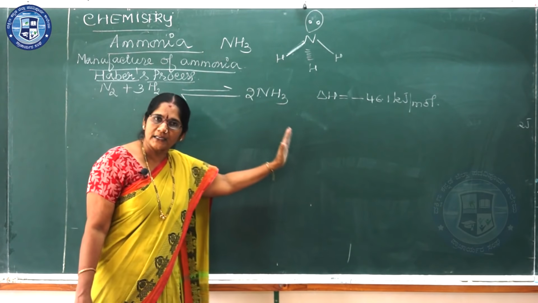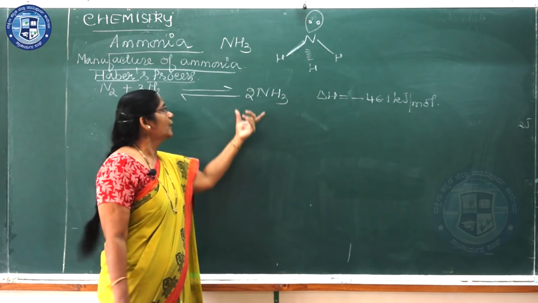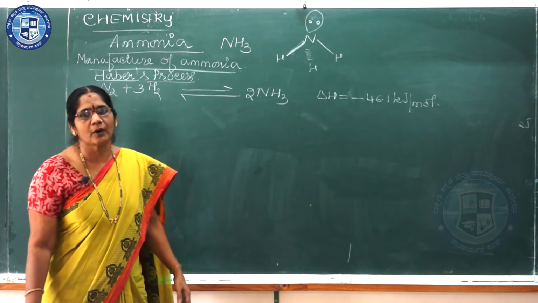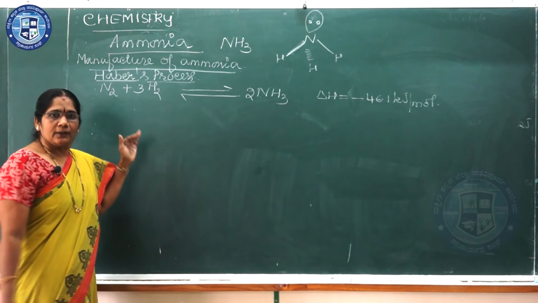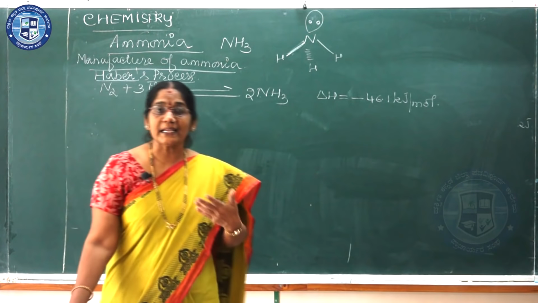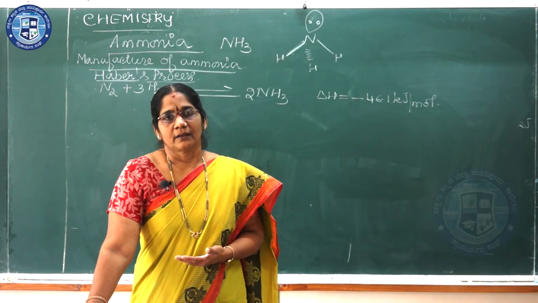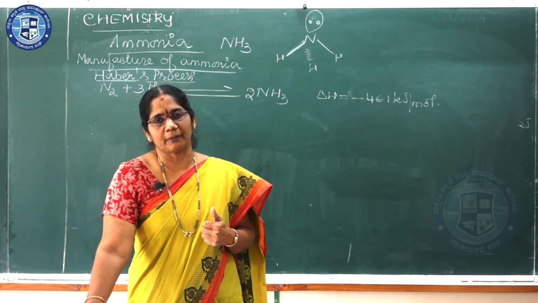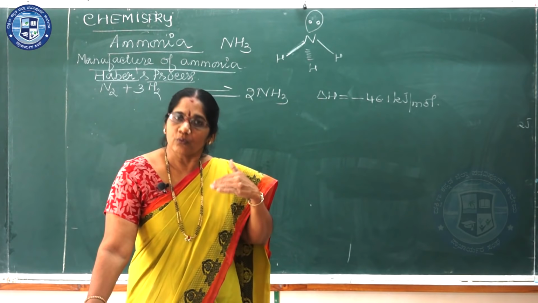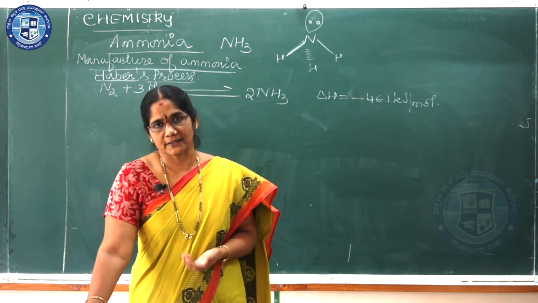So, if you favor the forward reaction, more amount of ammonia will be formed, or otherwise the amount of ammonia will be less. Now, we have to remember Le Chatelier, who says when a reaction is at equilibrium, whatever we do, the equilibrium does the opposite.